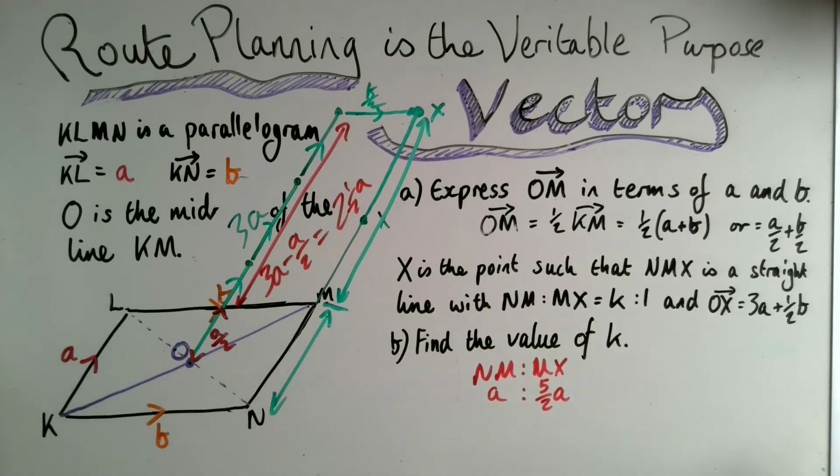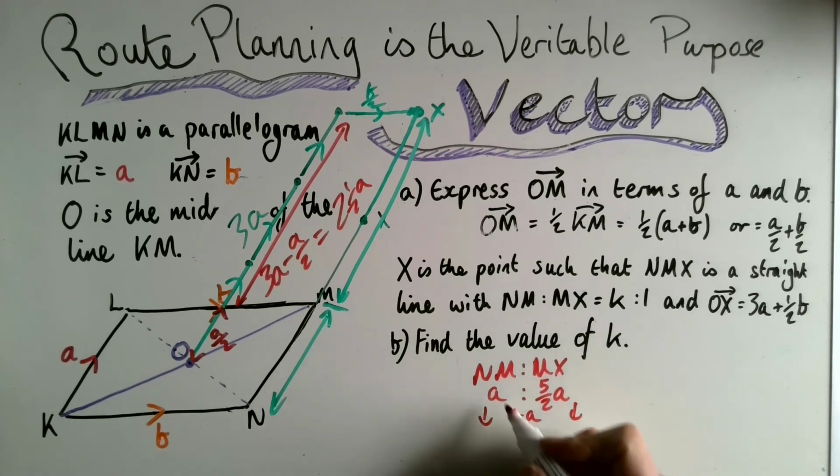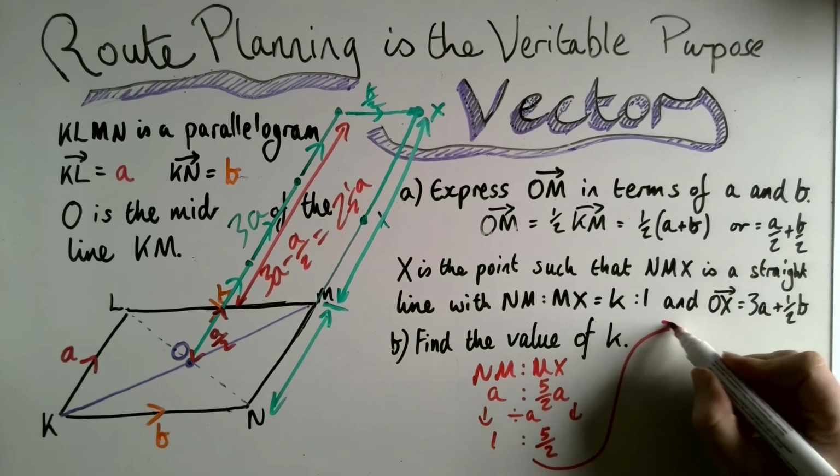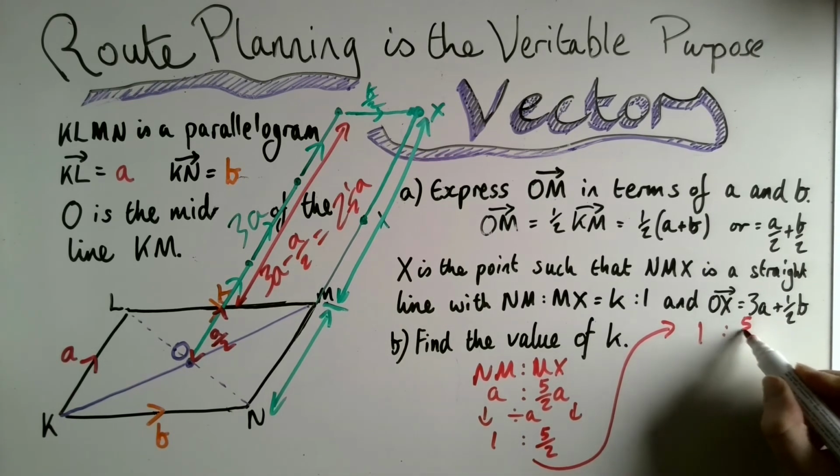Well, the first thing I could do is get rid of the A's. How would we do that? Divide both sides by the same thing, just like you would do with an equation or a fraction to simplify it. A divided by A is 1. 5 over 2 A divided by A is 5 over 2. Now I'm running out of space, so let's go over here. So we've got 1 to 5 over 2.